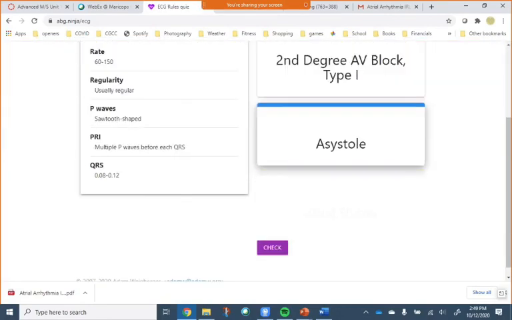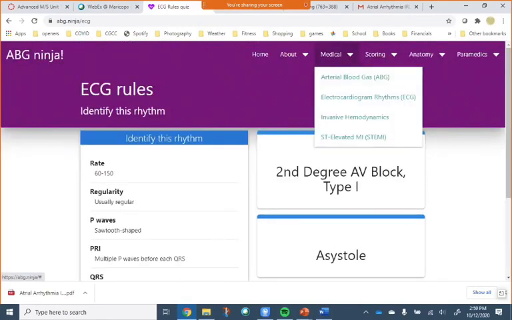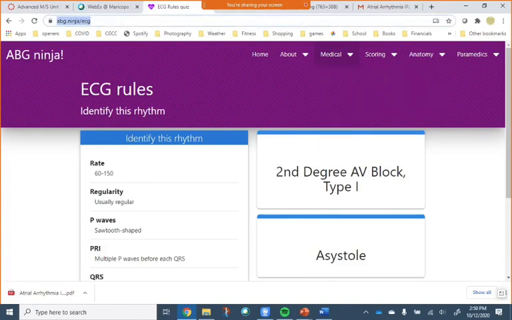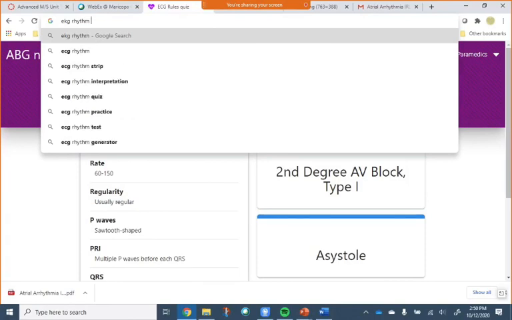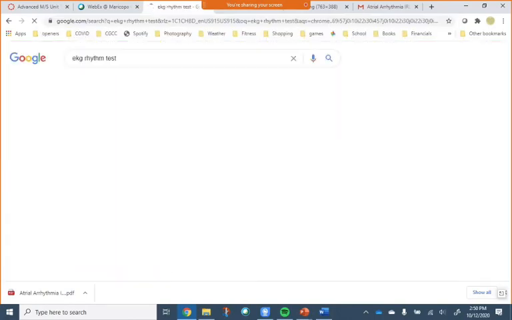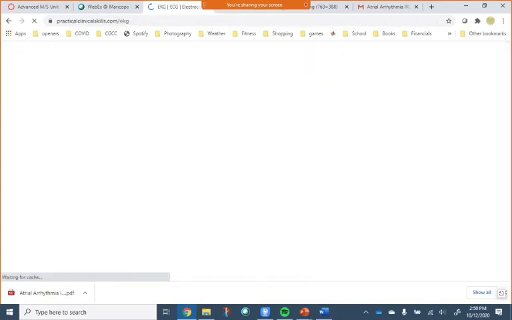Shoot, where is it? I'll find it and I'll put it on there. There's one where you can see the rhythms. There's a couple of them. I'll put the links in there. And, oh, it's practical clinical skills, EKG. This one has good rhythms, too.